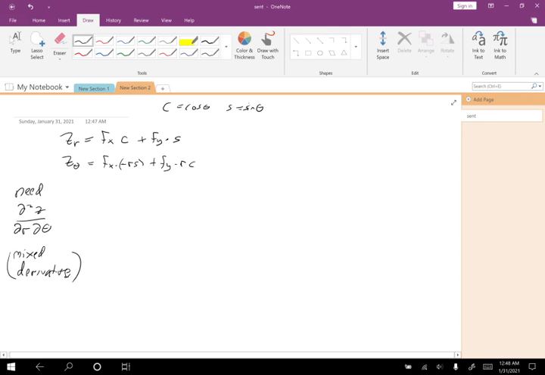So how do we do this thing? I would differentiate the simpler expression. And that one is just z sub r, because there's no extra r, like in z sub theta.